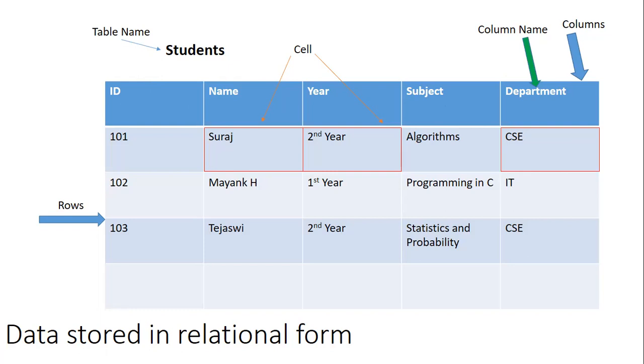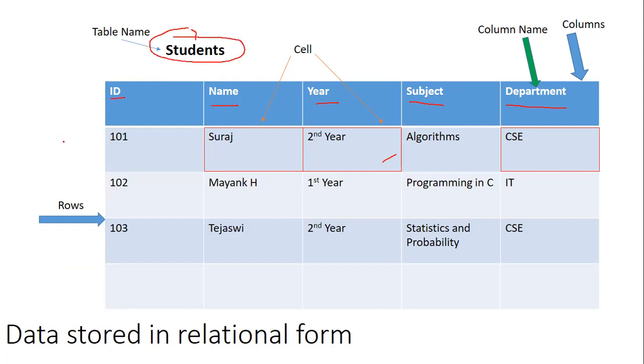So we are trying to use the column names and the table names in order to identify it. Okay, so these are the column names: subject, department, year, name, and ID. These are the column names, and students is the table name.